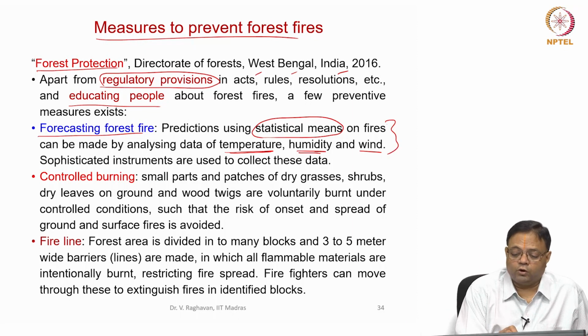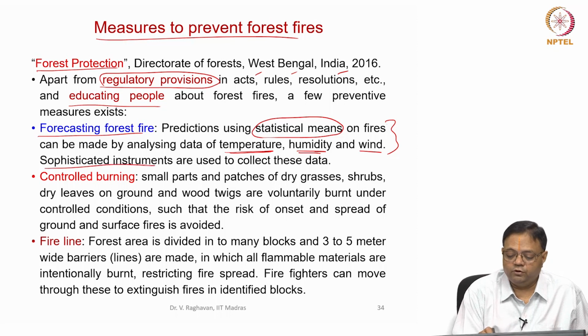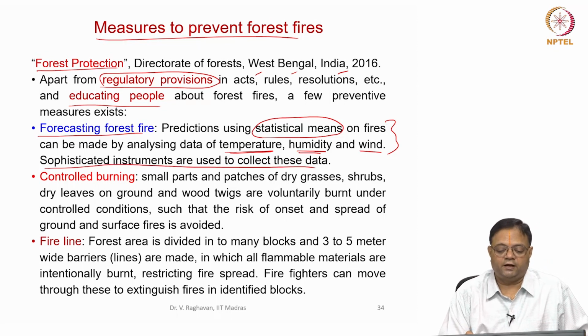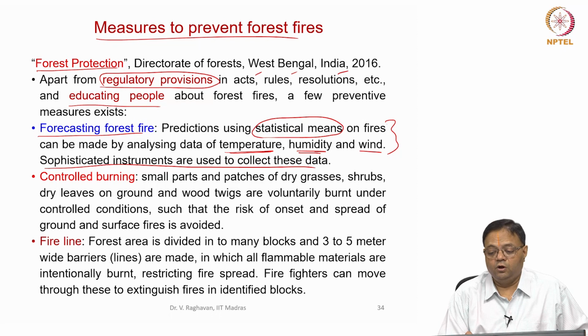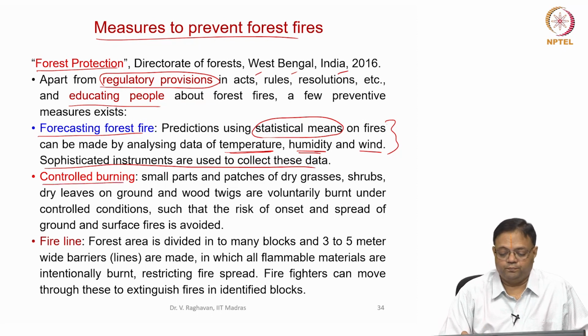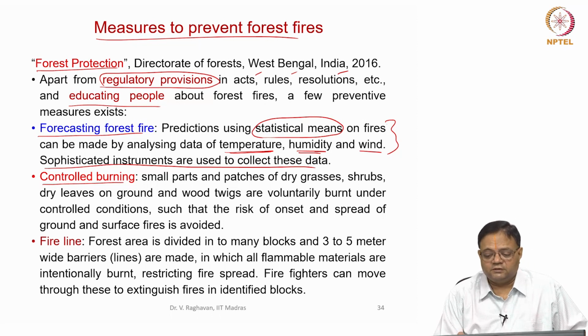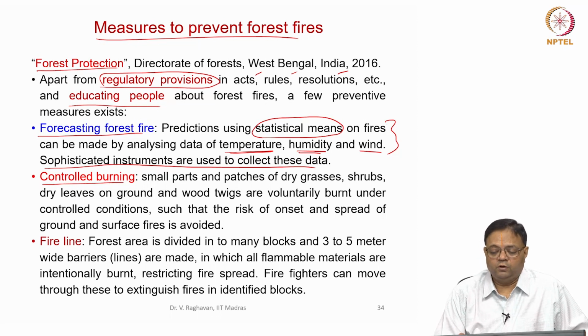Next, how to get this data? We have to use proper, sophisticated instruments to collect this data, and we can analyze that. Then controlled burning. This is actually done voluntarily.